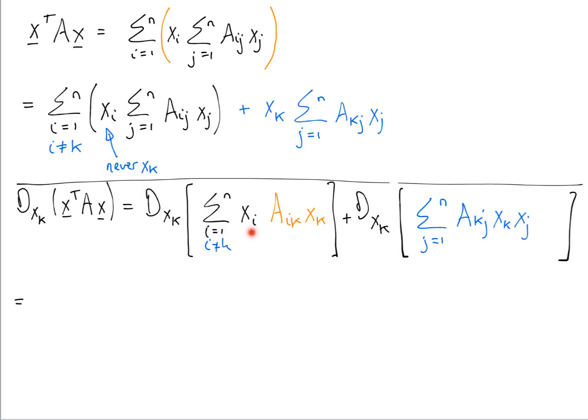So this is a constant as far as the differentiation is concerned. So are the entries of A. And so we have a sum of constants times x_k. So the derivative with respect to x_k will just be the sum of these constants. So we have the sum, i goes from 1 to n, i differs from k, of x_i a_ik.